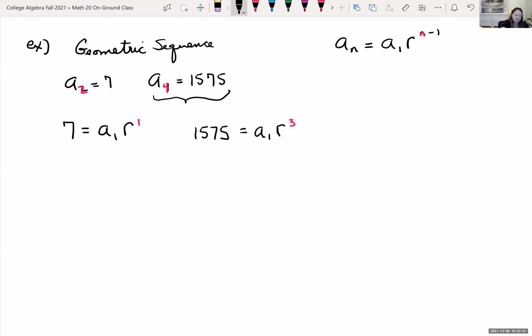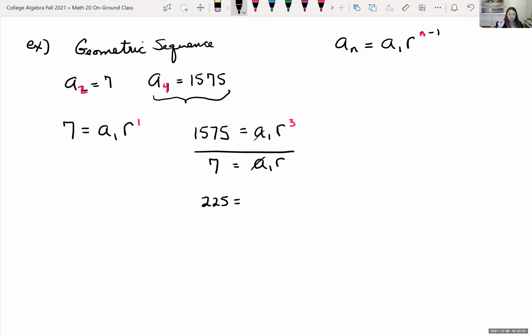So notice if we took that second equation we had found for the fourth term and divided it by this second term, we have 7 going into 1,575. Let's see if it goes in evenly. That's 225, which is equal to, notice our a sub 1's cancel.